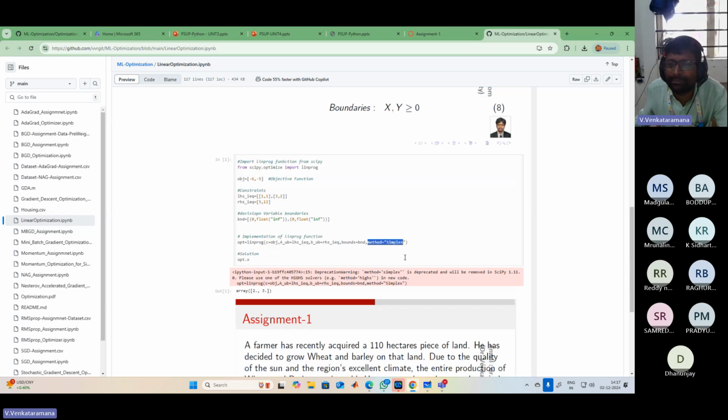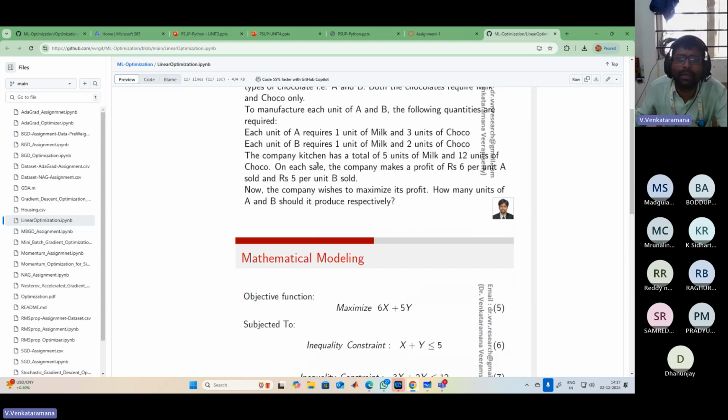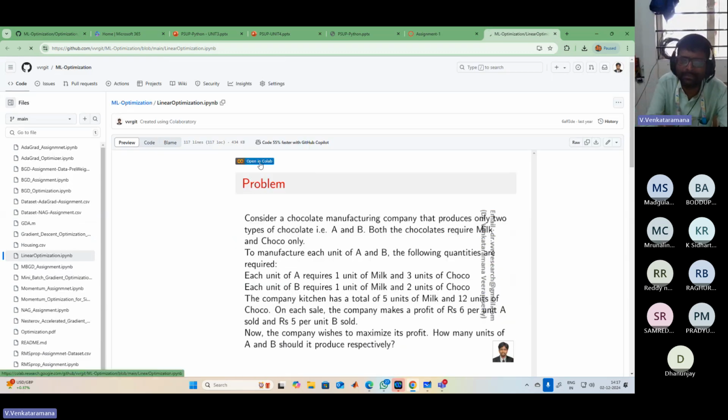I am using the simplex method to solve this linear optimization problem. Once you run this piece of code, it will give the solution. So we will try to implement the same thing now.